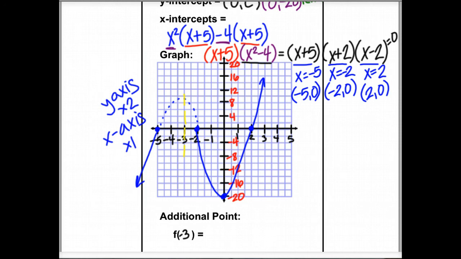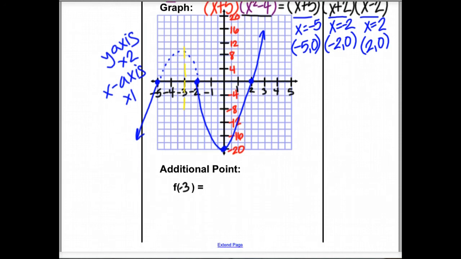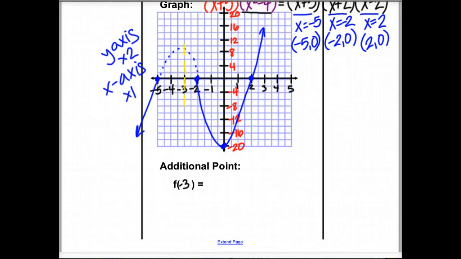So that means I'm simply going to substitute that into my original equation, which would mean that it would be negative 3 cubed plus 5 times negative 3 squared minus 4 times negative 3 minus 20. Negative 3 cubed is negative 27.